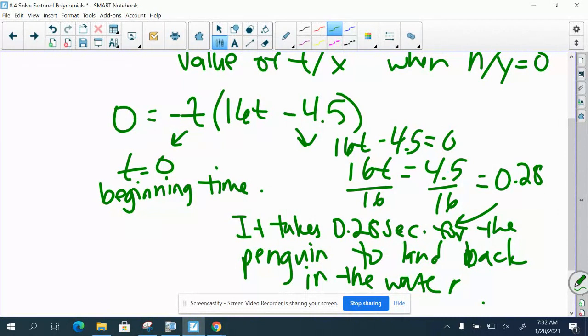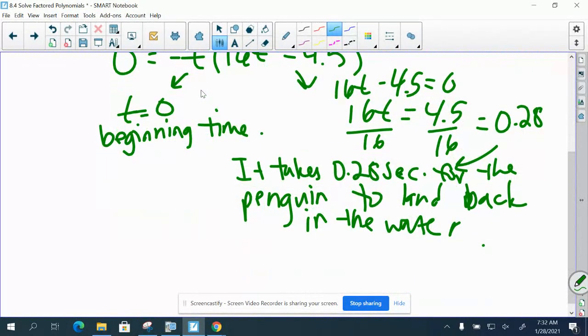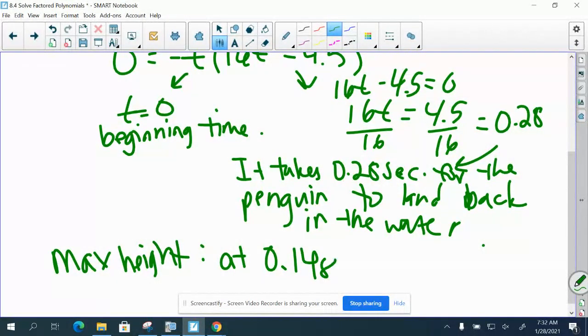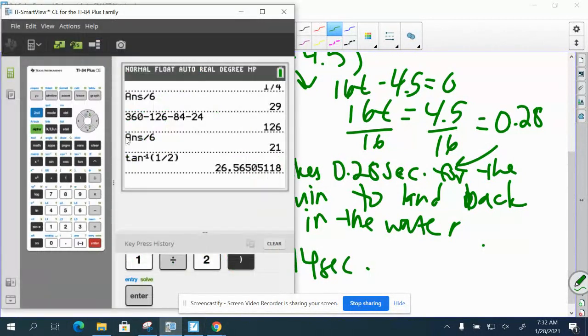Okay, and let's say I wanted to find the maximum height of the penguin. Well, the maximum height would occur halfway between the zeros, which in this case would be 0.14. So max height occurs at 0.14 seconds. And if I plug 0.14 seconds back into the equation, let me show you how you could do this with your calculator.